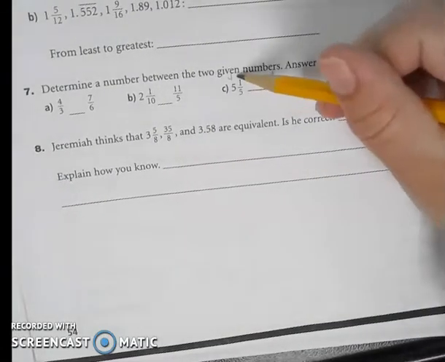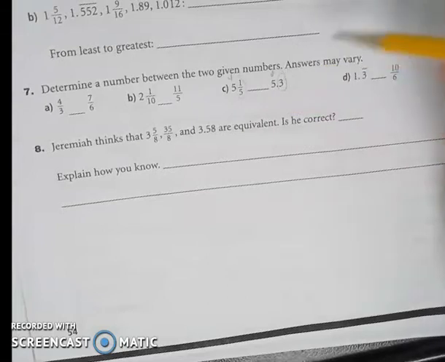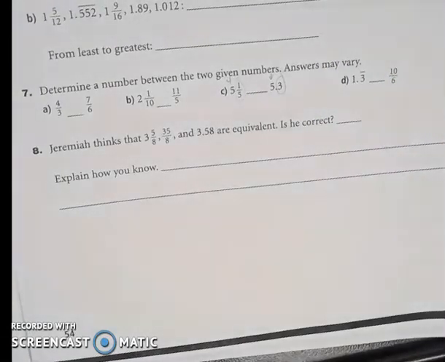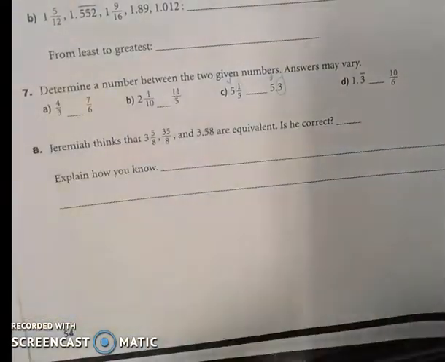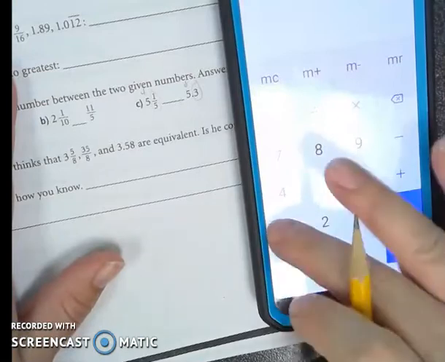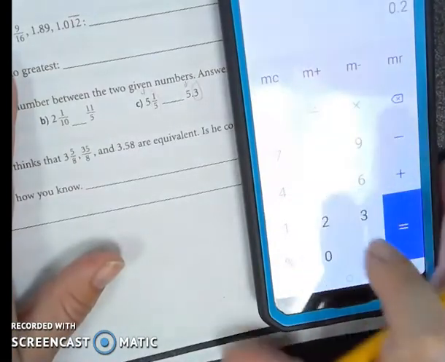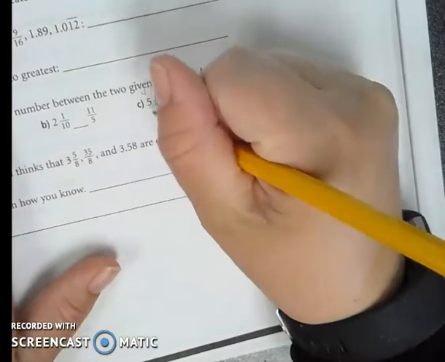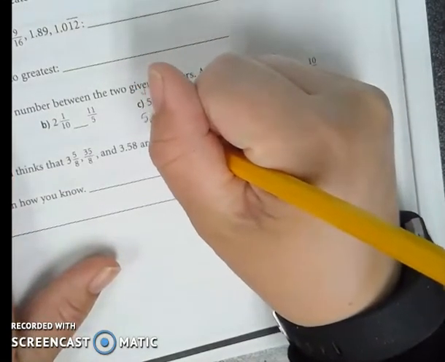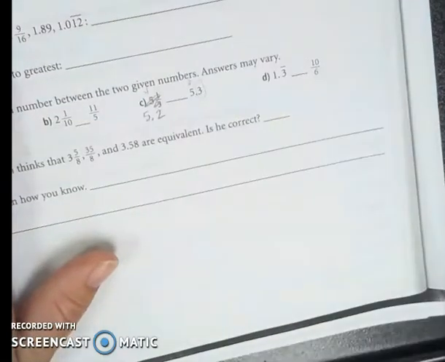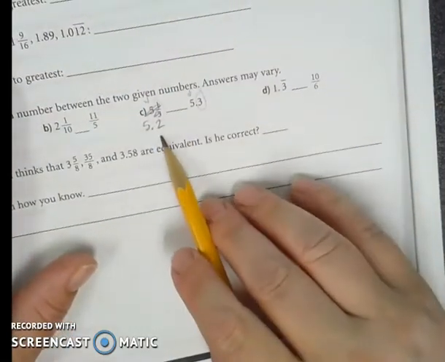So we want to figure out which is bigger, 1/5 or 0.3. So we want to change it into the same thing. Let's figure out what 1 divided by 5 is. It says it's 0.2. So we know that 5 and 1/5 is 5.2. So now we're going to ask, what is bigger, 5.2 or 5.3?